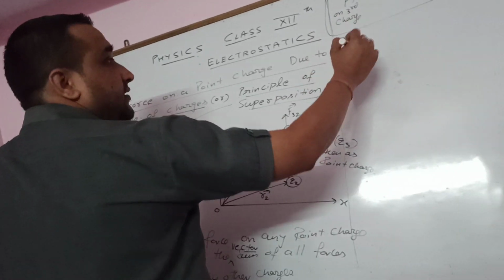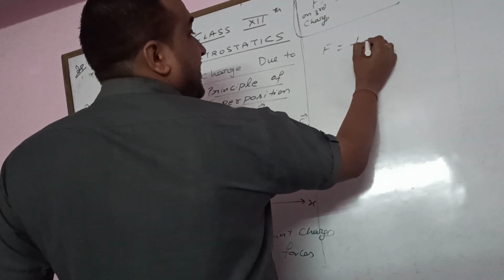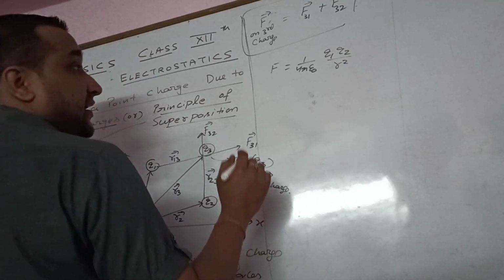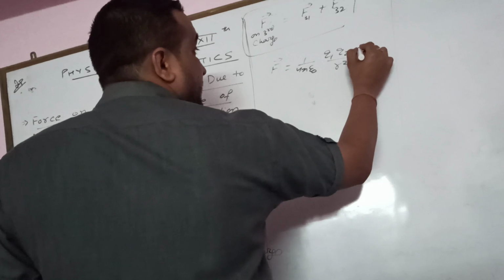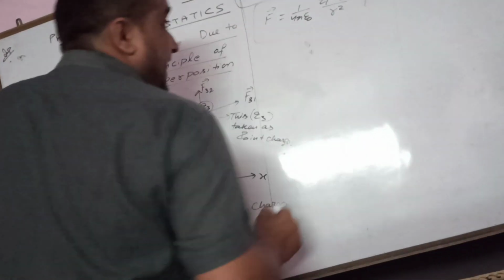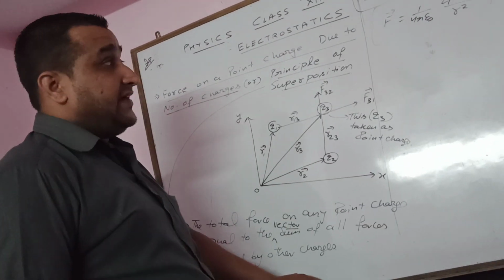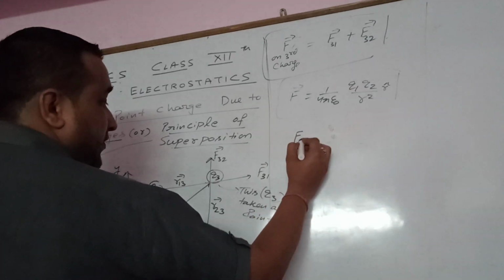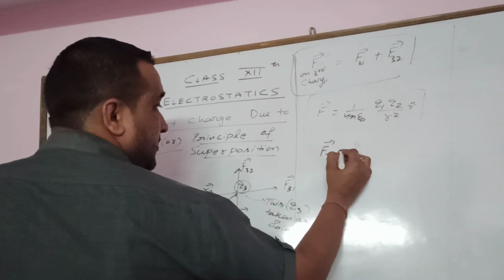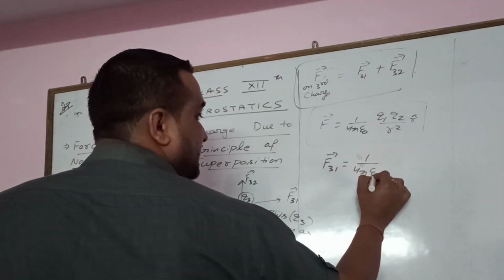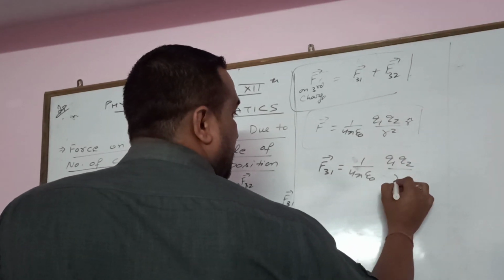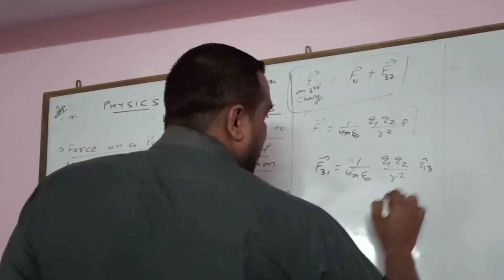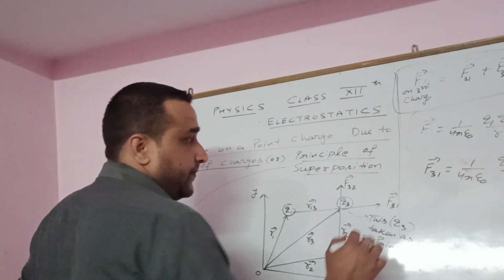Now how do we calculate? By Coulomb's law, F is equal to 1 upon 4 pi epsilon naught Q1 Q2 upon R square. But if we use the vector form, we have to use the cap to represent the vector. Now F31 is equal to 1 upon 4 pi epsilon naught Q1 Q3 upon R square, and here R13 is the position vector from 1 to 3.